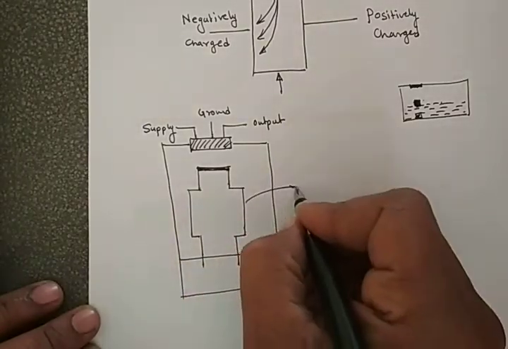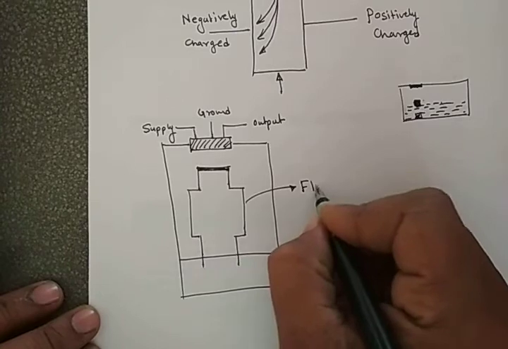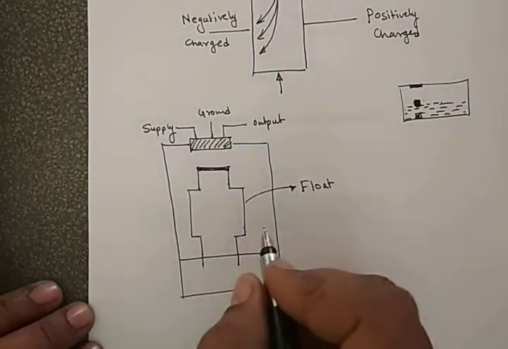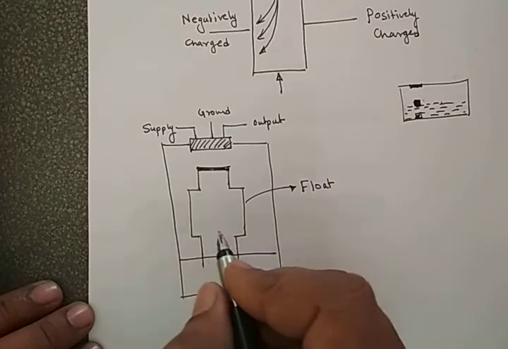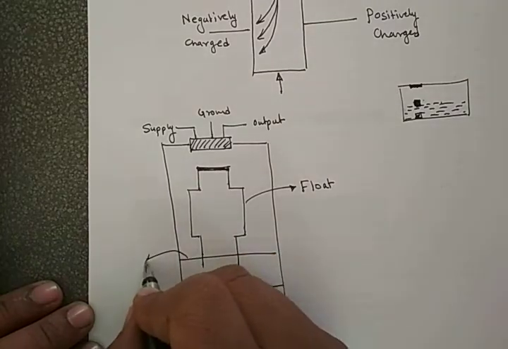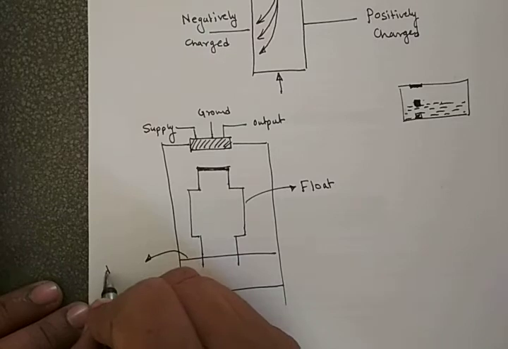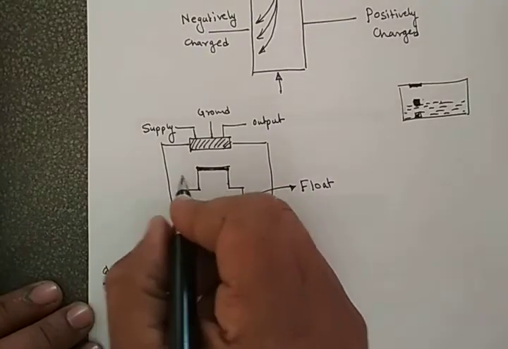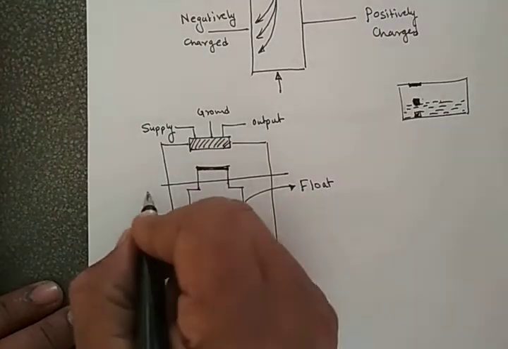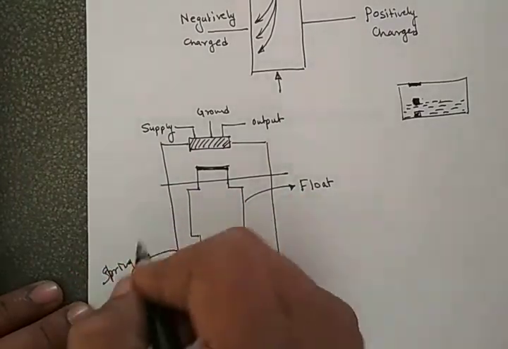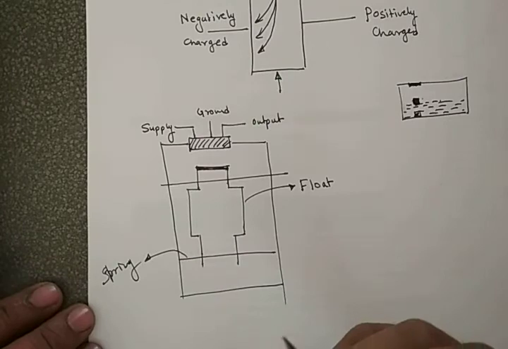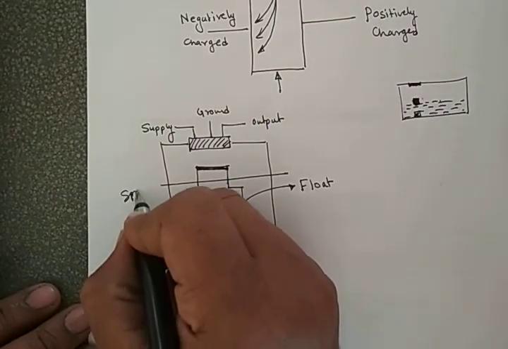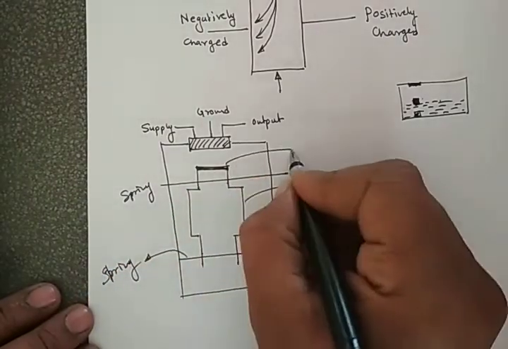Now this is the floating object, and these are springs. One more spring is placed away, so it should not move away from that. And this is the magnet.